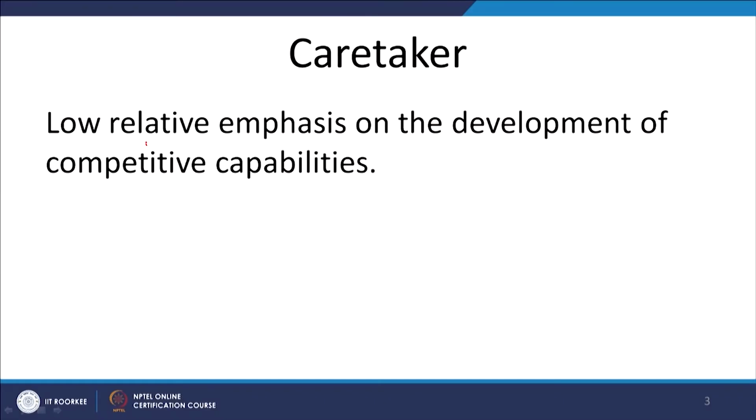They are satisfied with whatever they have, and therefore they put relatively low emphasis on the development of competitive abilities.